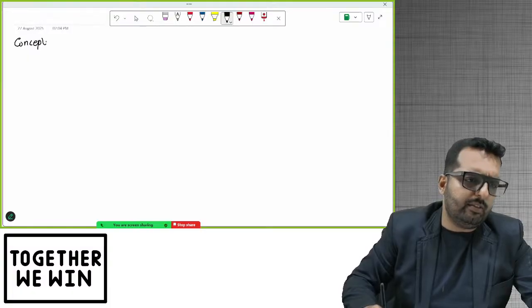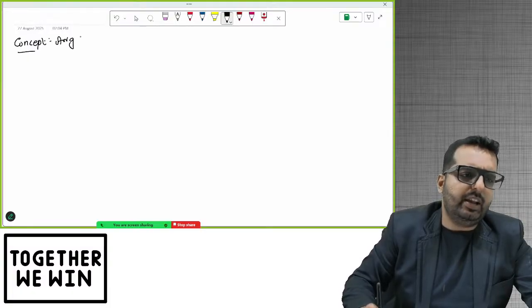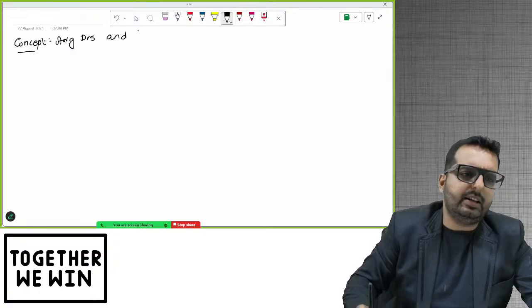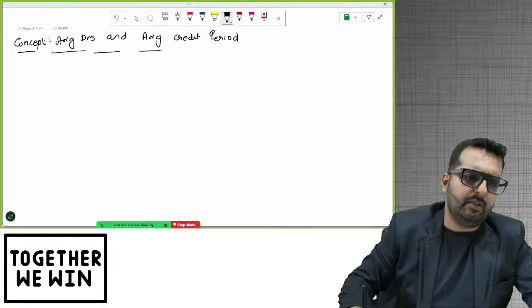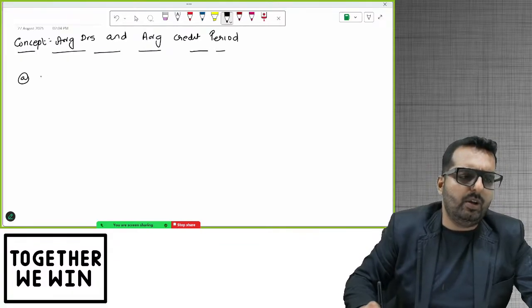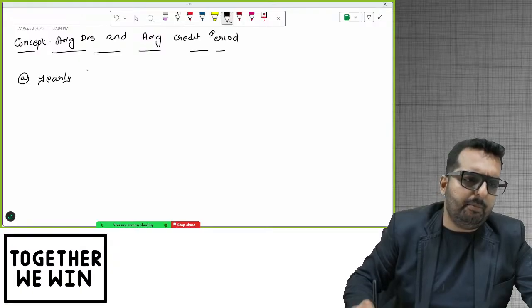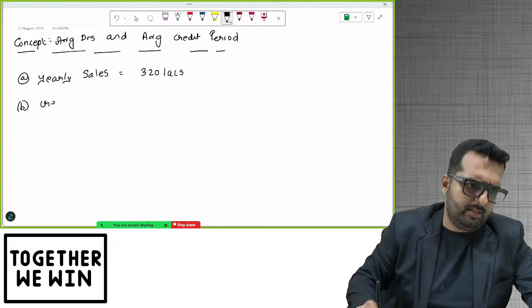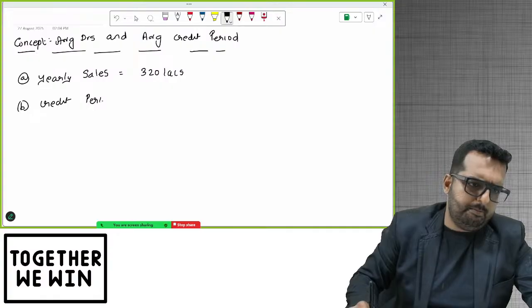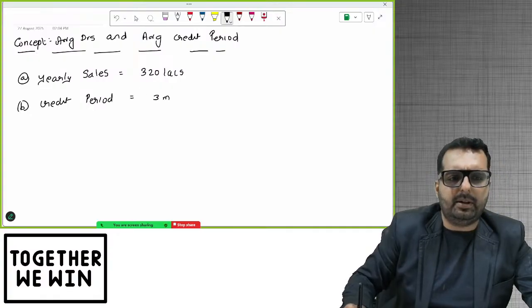One more concept heading: average debtors and average credit period. Now, let us say my yearly sales is turning out to be 320 lakhs, but my credit period is 3 months.